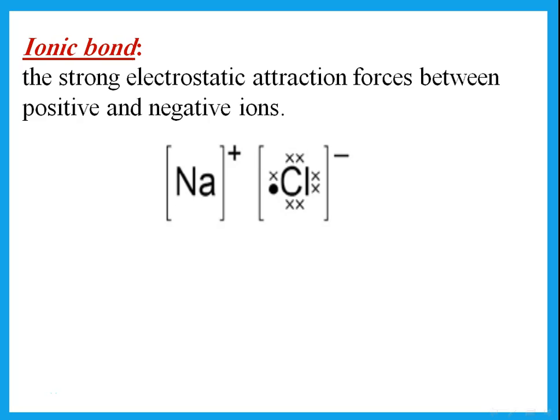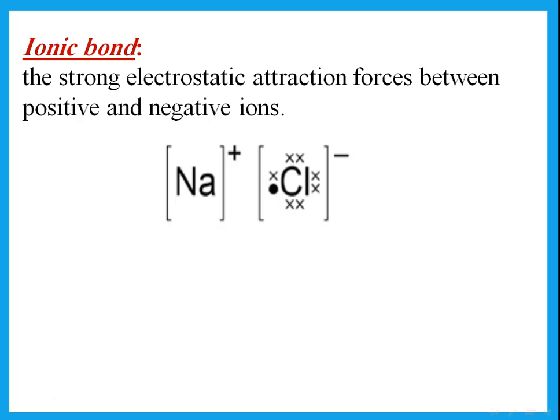If I have 2 ions, one of them is positive and the other is negative, opposite charges attract, and that's something you probably know from physics. Oppositely charged ions will attract each other, and this kind of attraction is called electrostatic attraction force. So this electrostatic attraction force between the oppositely charged ions, or the positive and negative ions, this is actually what we call an ionic bond.